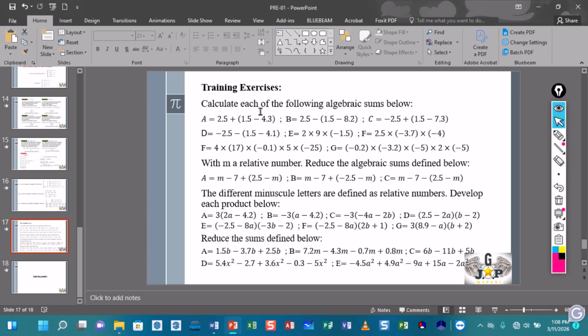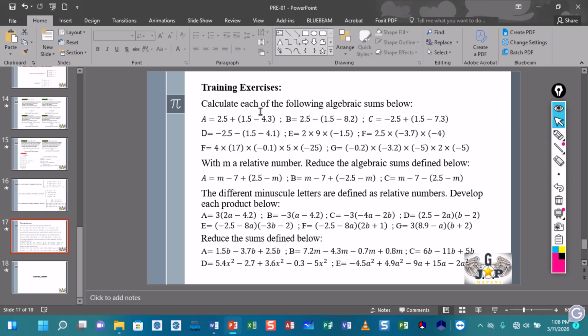All my training exercises will be a little bit harder compared to the course exercises or examples. So you will see that the view has changed a little on this slide. This is the training exercises that I'm going to leave you with.